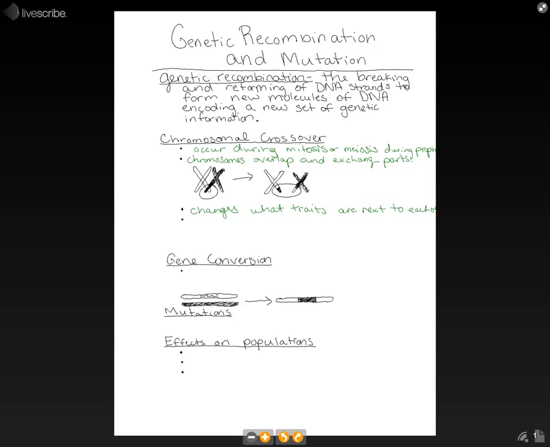And since it changes that, it's going to allow geneticists to determine gene placement by looking at how often traits remain together.